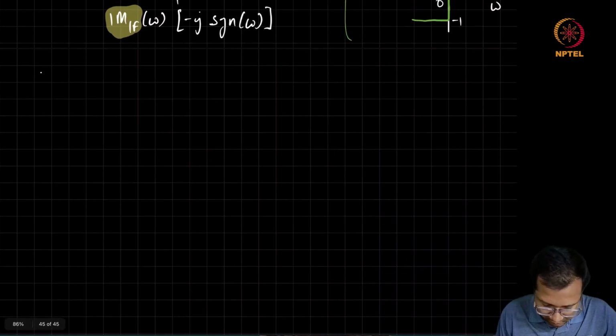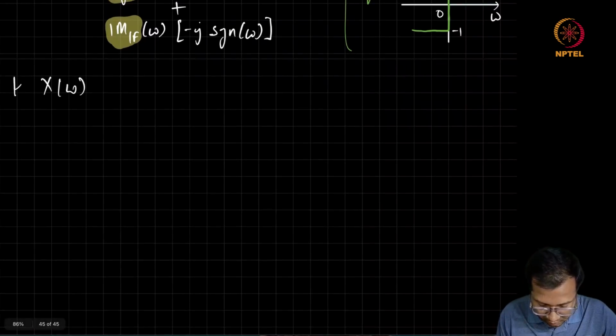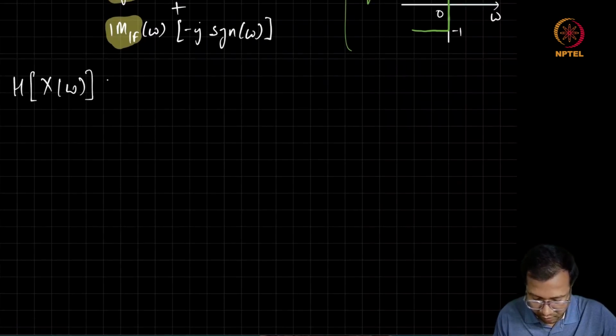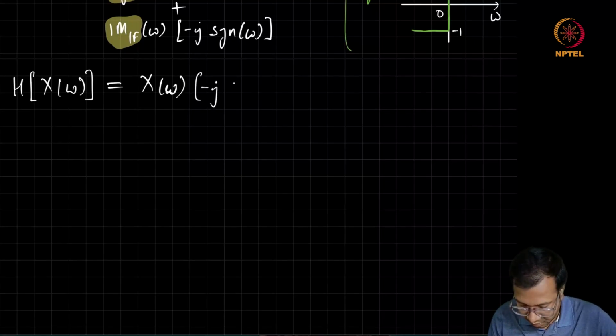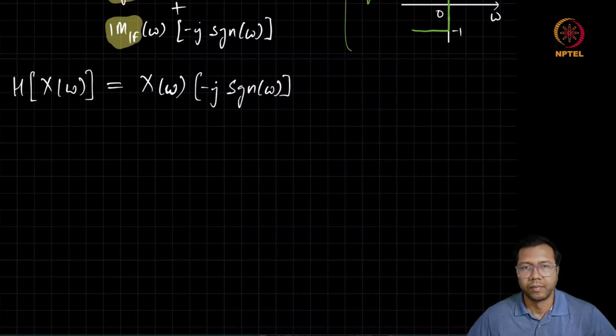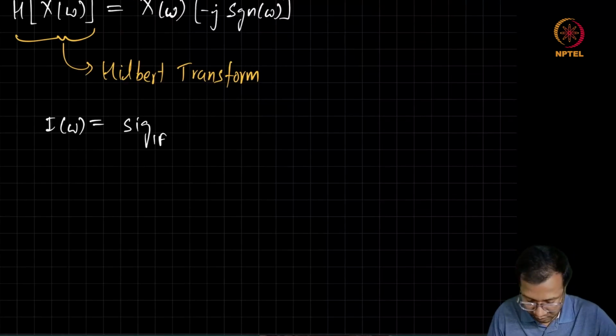So if you take a signal and you apply Hilbert transform, it multiplies the signal with either minus j or plus j depending on the polarity of the frequency, right? I of omega, frequency domain.